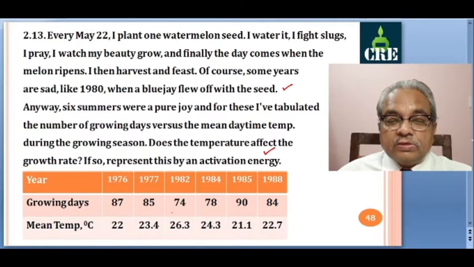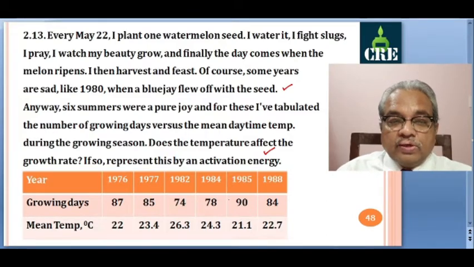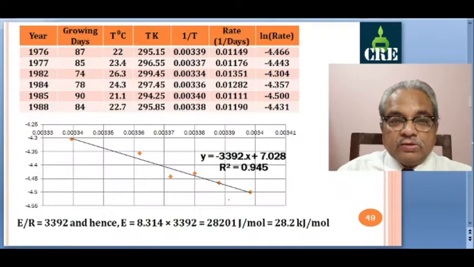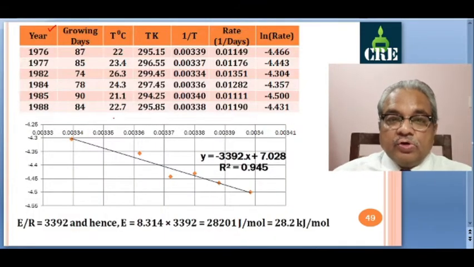So there is a relationship: at the highest temperature, 26.3, the growing days are less; at 21.1, it is 90. We want to determine this growth rate and what activation energy we have to find out. So this is the data: year, growing days, temperature in degrees Celsius, all tabulated.